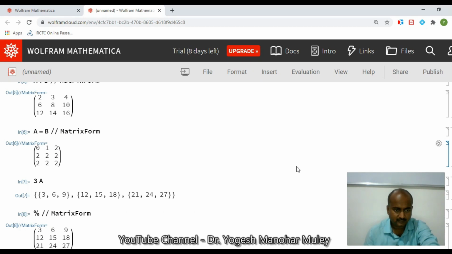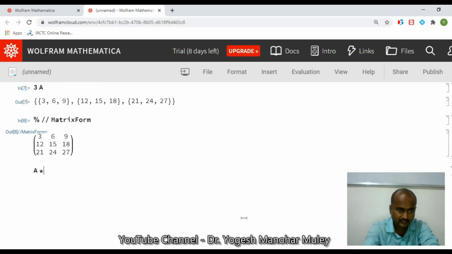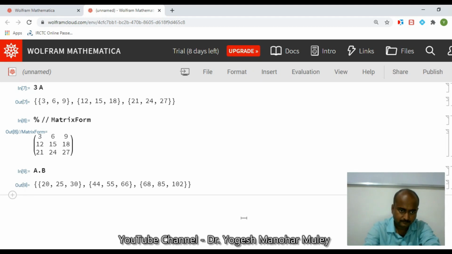This will give 3 times A, so A is multiplied by 3. And A star or A dot B gives us multiplication.